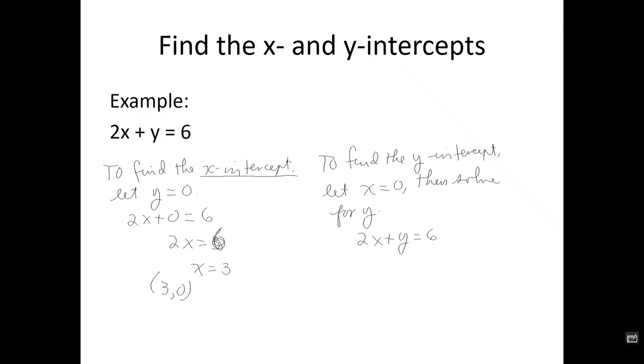Letting x be 0, we have 2 times 0 plus y is equal to 6. 2 times 0 is 0 plus y. So we have y is equal to 6. So therefore, the y-intercept is the point 0, 6.